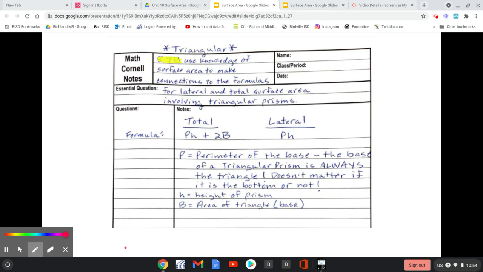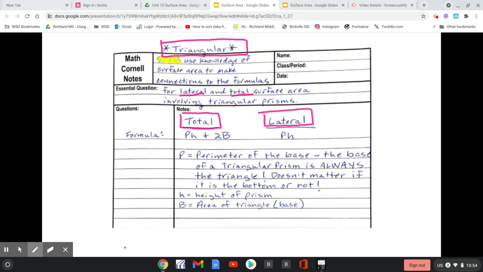I'll just use red. So this is 8.7b, and we know this is triangular prisms. And we are doing surface area. They have lateral and total. And the formulas, as you can see, are the exact same as the rectangular prisms.